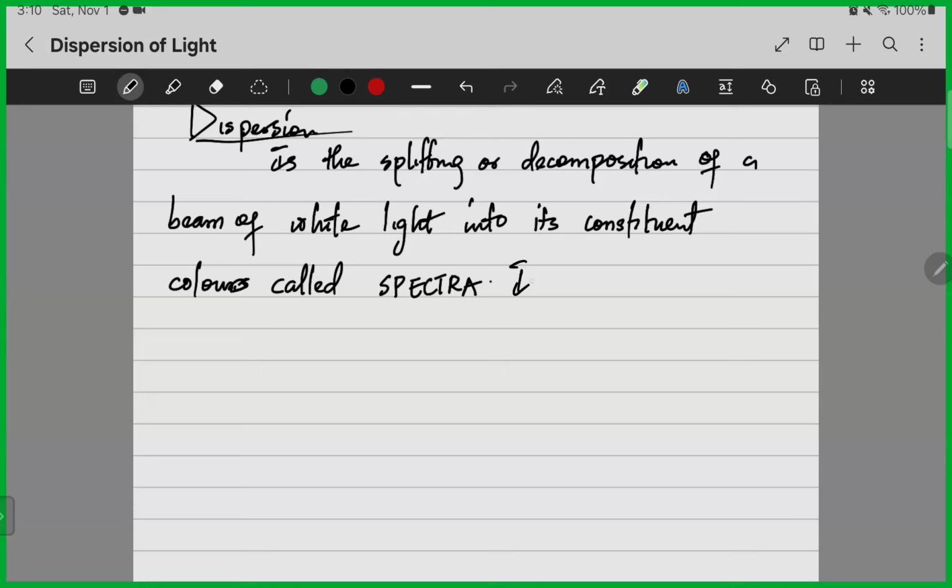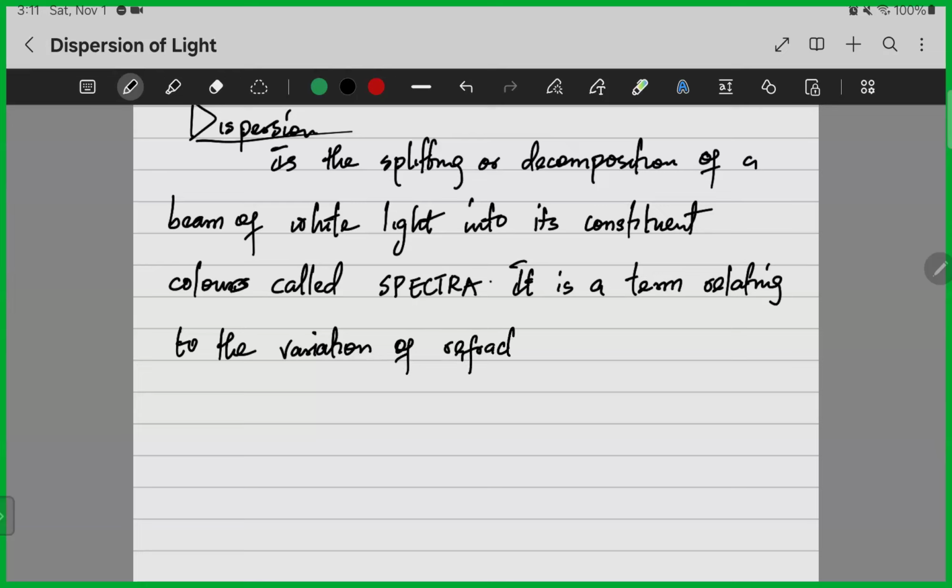It is a term relating to the variation of refractive index with the wavelength.